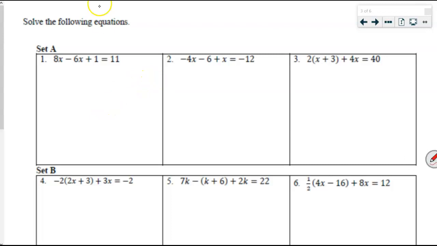Okay, so only continue on in the recording if you're ready to see the answers to check your work. Make sure you've solved each of these first. Number 1, students in class are also checking their answer, x equals 5. Number 2, x is equal to 2. Number 3, x is equal to 17/3.